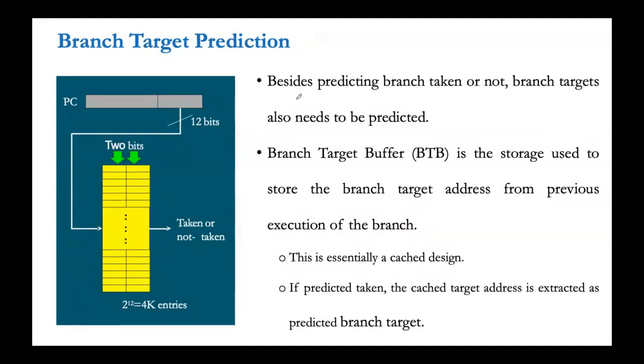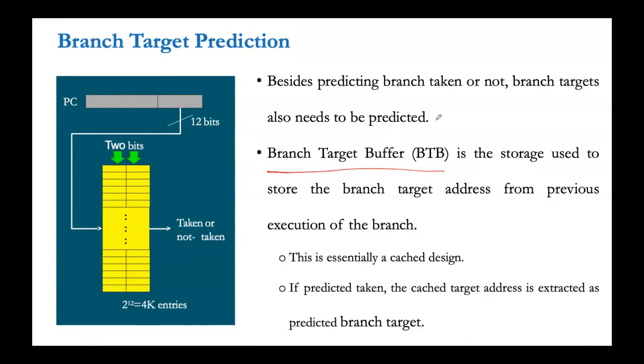Besides predicting whether the branch is taken or not, we need to find the effective address. The branch target prediction also needs to predict whether the same target address or a different target address will be accessed. So for that, another buffer is invented.